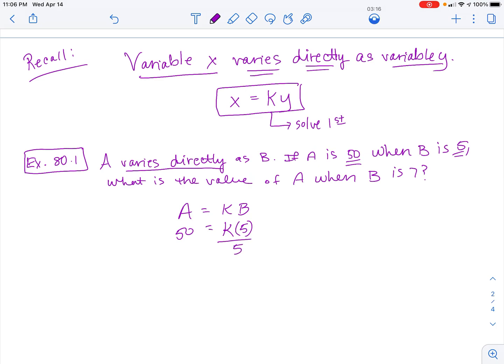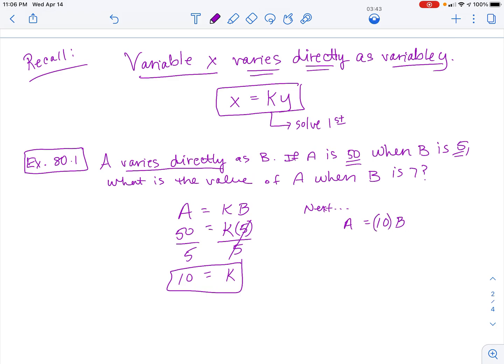We would divide both sides by 5, right? And that's going to tell us what our constant of proportionality is, what k is equal to. So k is equal to 10. The next thing we would do is take A and fill in 10 for k times B.